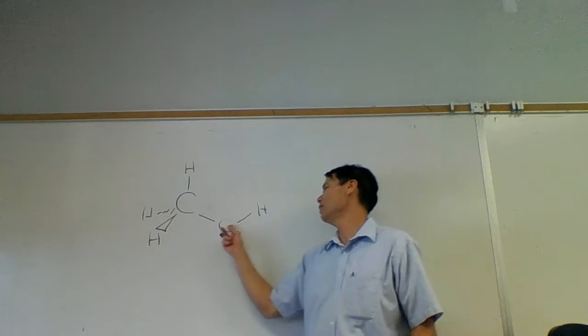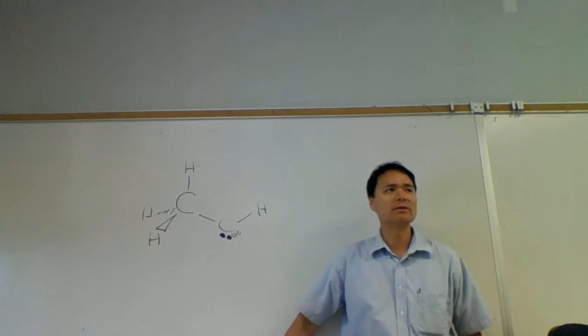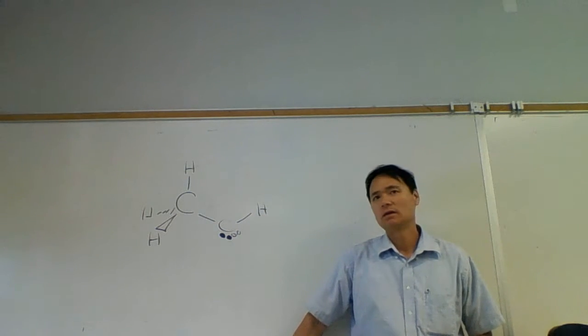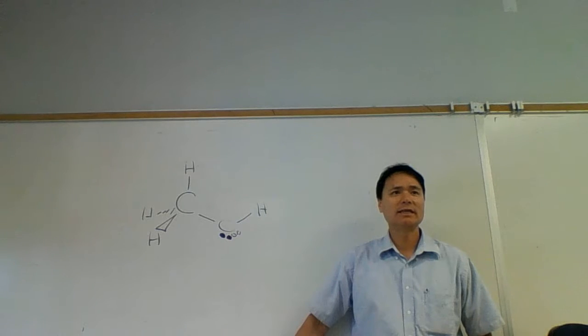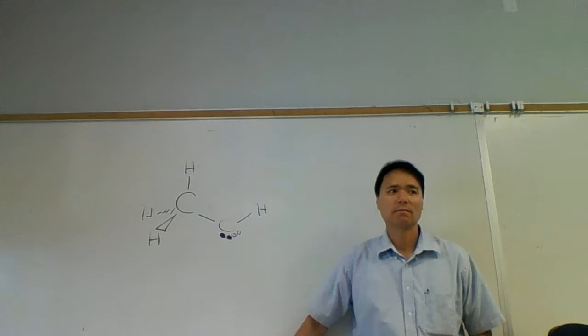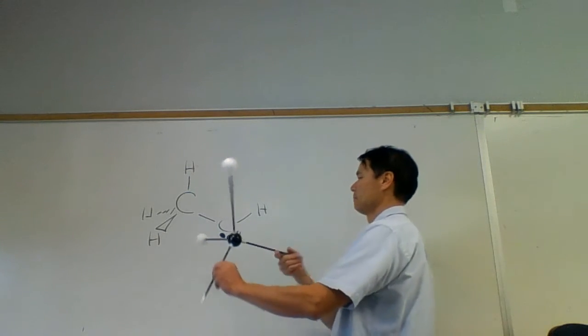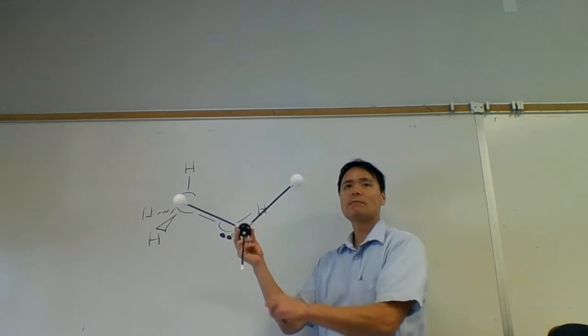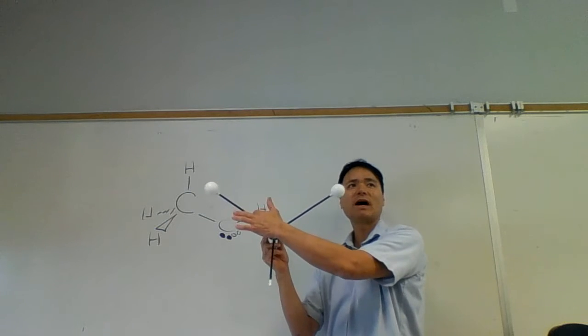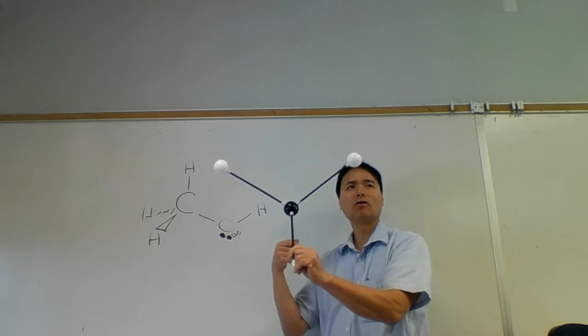However, this COH angle, what's the ideal angle for the COH? 120? No. Less than that. Well, what is the ideal? The ideal is 109.5, but I have a lone pair here and a lone pair here.